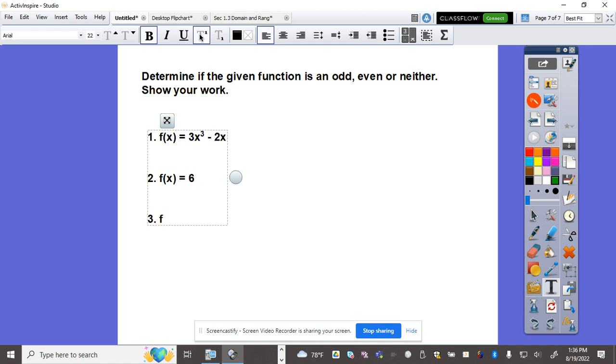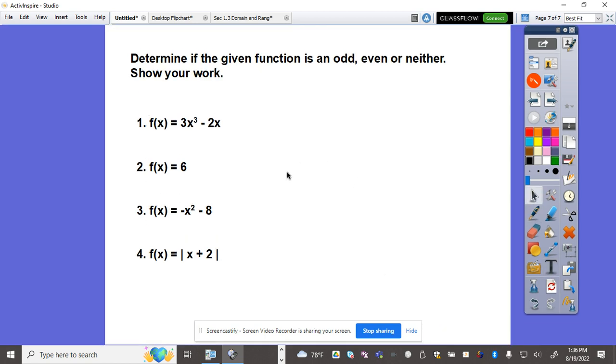Number three, f of x equals negative x squared minus 8. Number four, f of x is equal to the absolute value of x plus 2. Please try these.